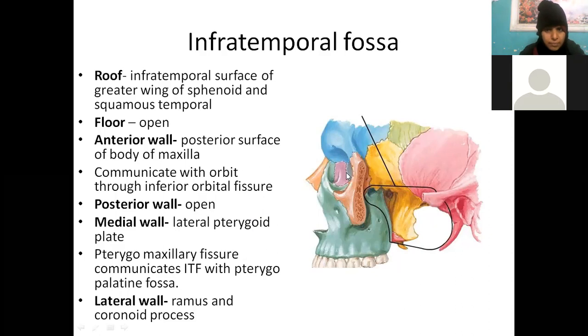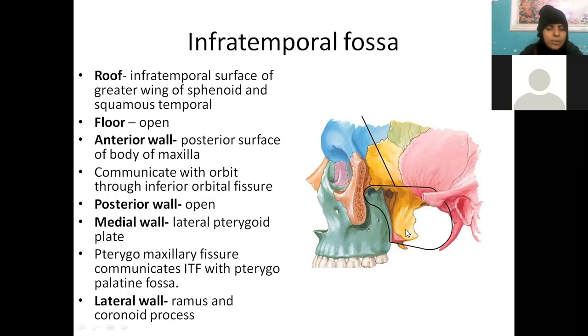This is the orbit, and there will be a communication like this from behind. There will be a fissure which is called the inferior orbital fissure. So through this anterior wall, you will see there is a communication between the infratemporal fossa and the orbit via the inferior orbital fissure. This is the posterior wall which is open.